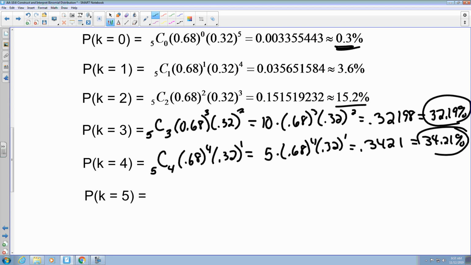That's about 34.21%. And then the final one is the probability of all 5: 0.68 raised to the fifth, 0.32 raised to the 0.